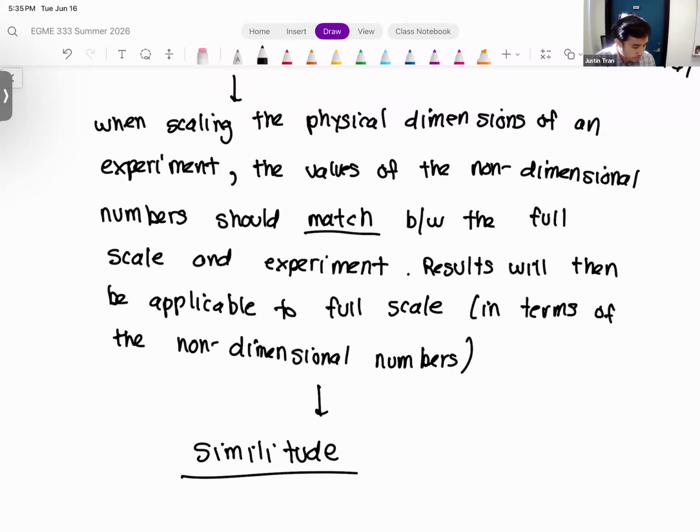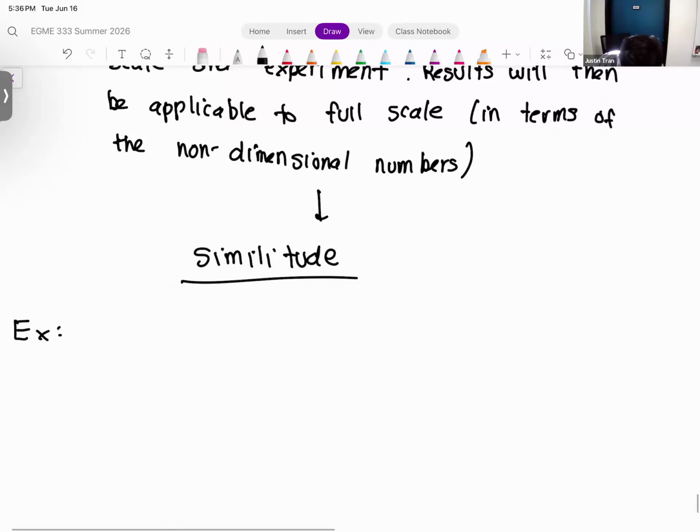Okay, so let's go ahead and do an example. Not really a new example, but this will be building off the example that we just did. Let's design an experiment where we want to measure the drag force on a freeway sign.